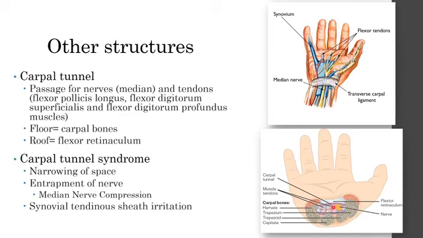So if we're talking about the anterior side, these muscle tendons will be what? Will it be the flexor? Yeah, it'll be the flexor group that we're considering here. All right. So when we talk about carpal tunnel syndrome, it's essentially that narrowing of this tunnel space.